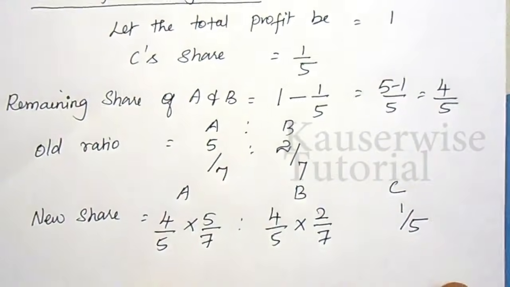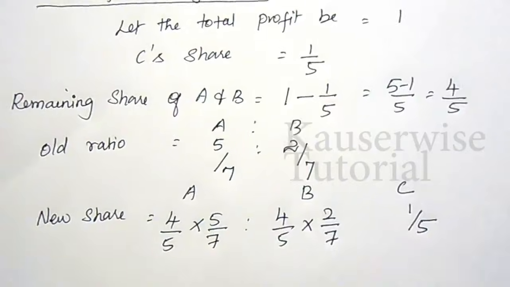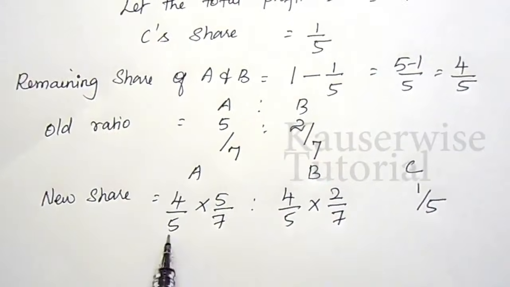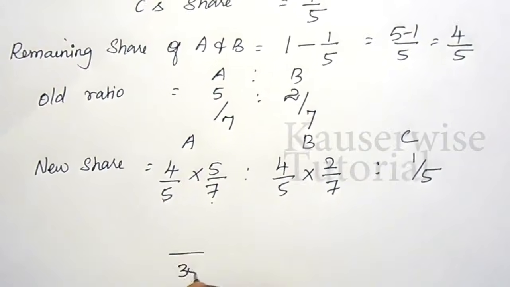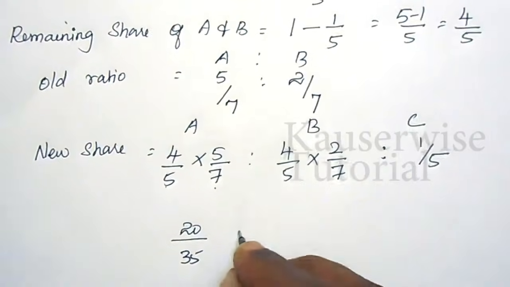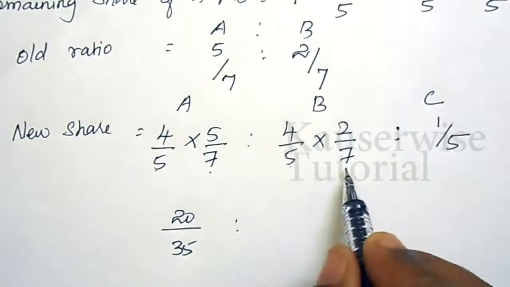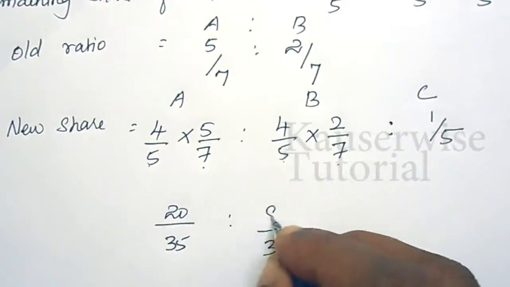So we need to find the new profit sharing ratio, which includes the new partner also. Now calculate the new ratio. For A, 5 into 7, 35; 4 into 5, 20. So 20 by 35. For B, 5 into 7, 35; 4 into 2, 8.